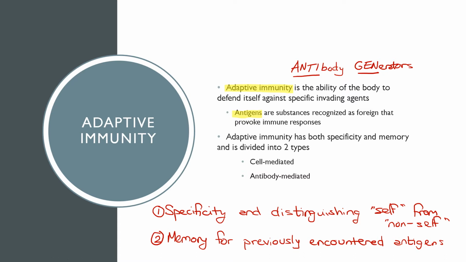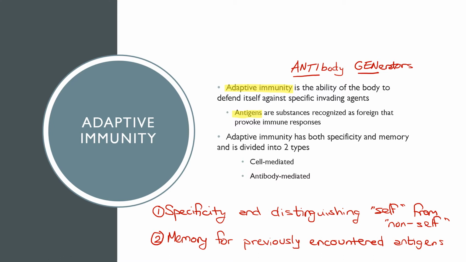So that memory that your cells have when they encounter an antigen really helps, so that when you have a second encounter with those same antigens, your adaptive immunity will be much quicker to respond and the response will be much more heightened.